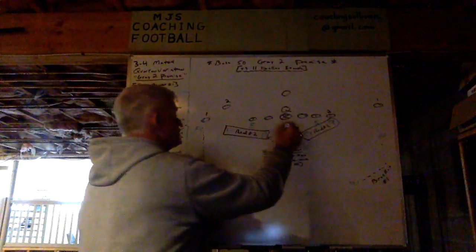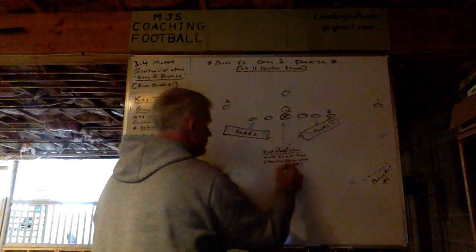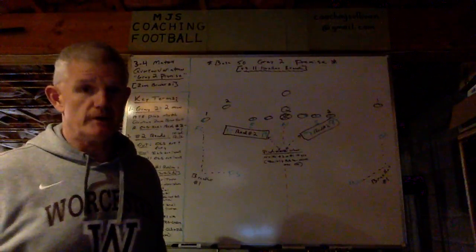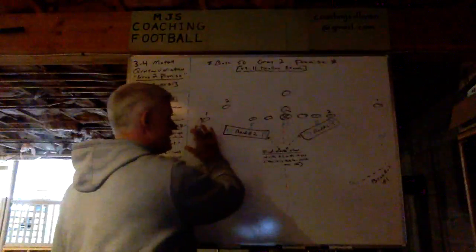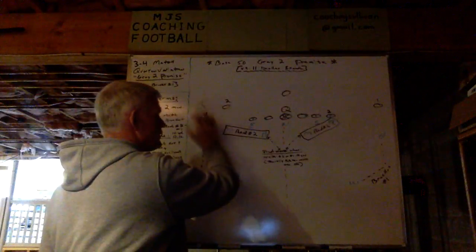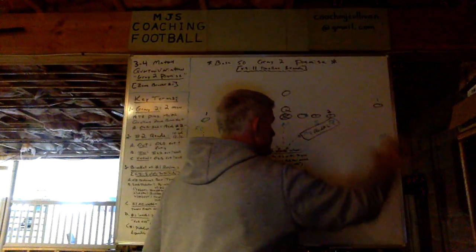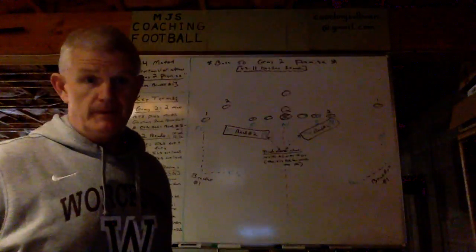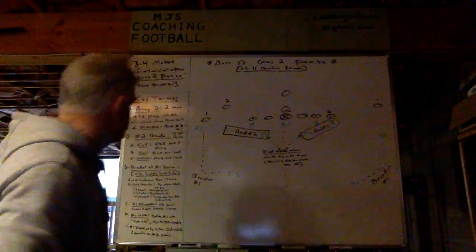Okay, this is on both sides operating independently of each other. So the left side of our defense is operating off of number 2 and 1 over here. The right side of the defense is operating off of number 2 and number 1 over there. Okay?